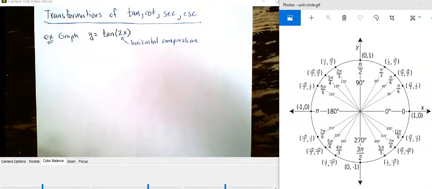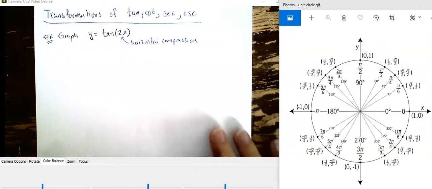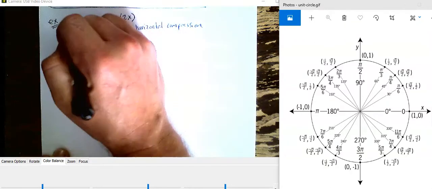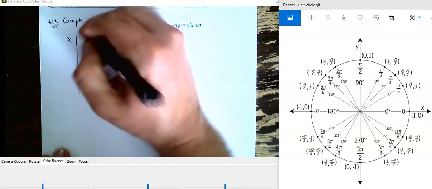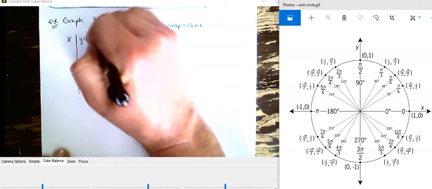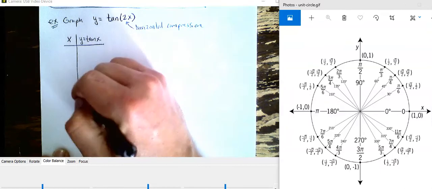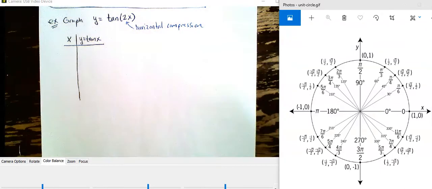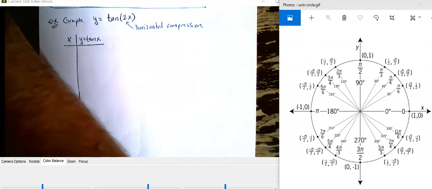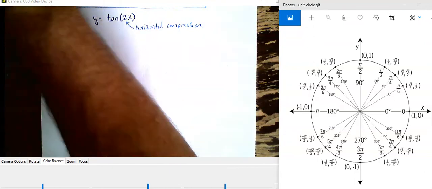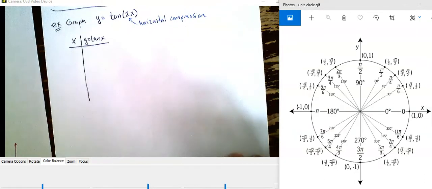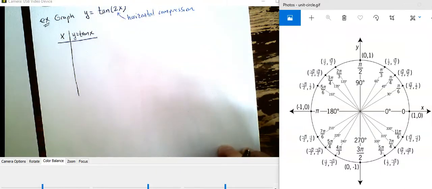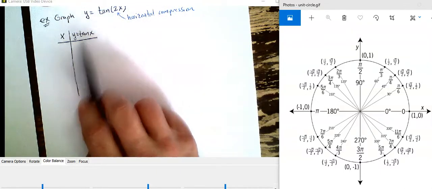So all we need to do is generate those values using transformations. So let's make a table of values for the basic tangent parent function, y equals tangent x. Note that the period of the tangent function and cotangent function are pi.